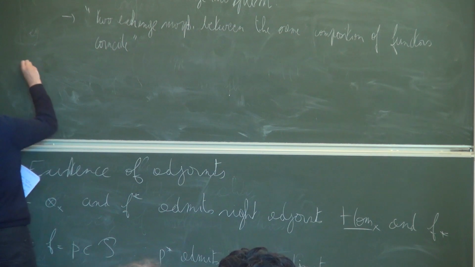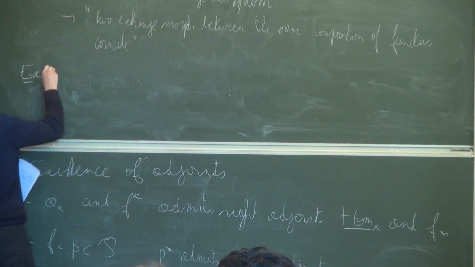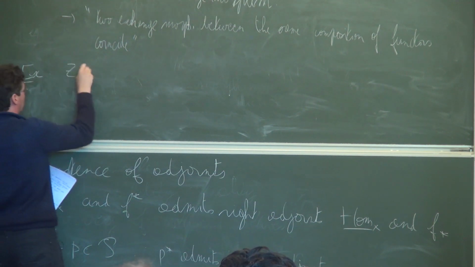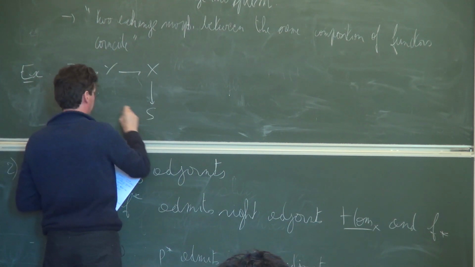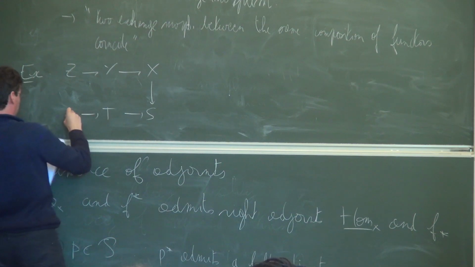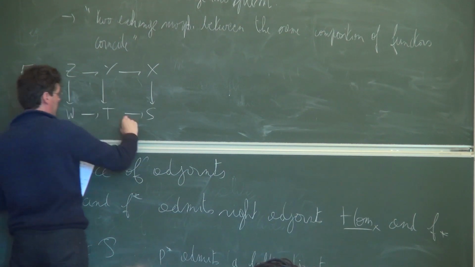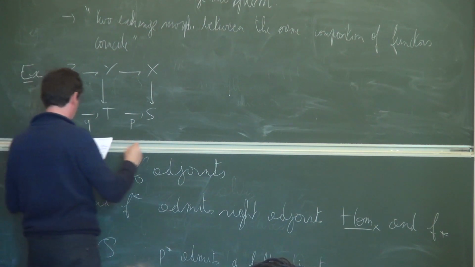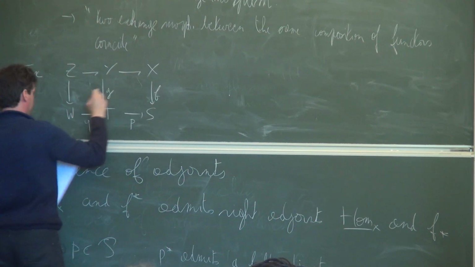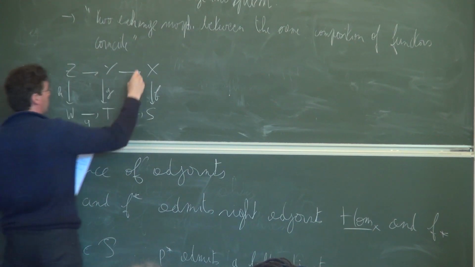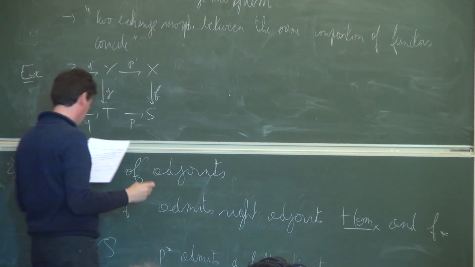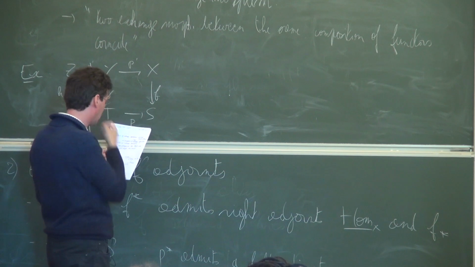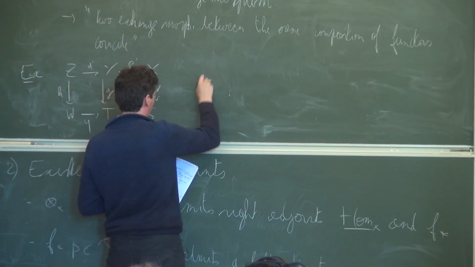So first example is, suppose you take two pullback squares like that, S, T, W, P, Q, F, G, H, P prime, Q prime. Then you'll have something like that.